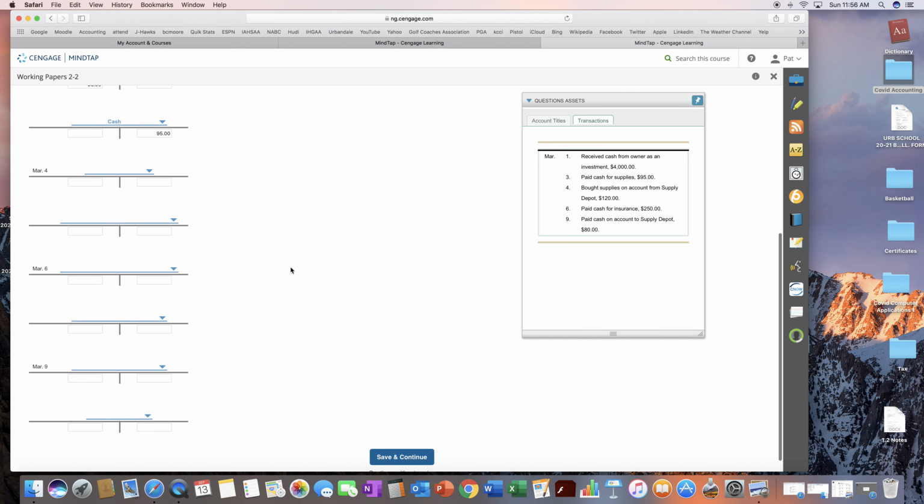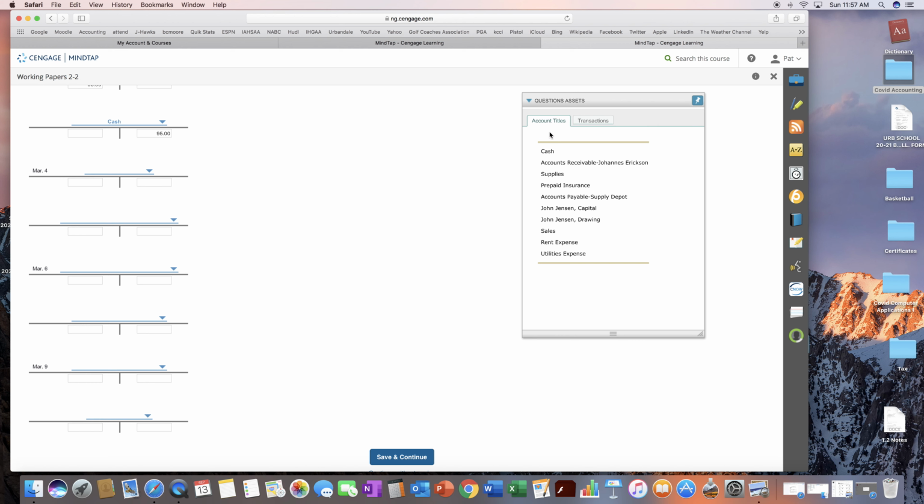Okay. March 4th, bought supplies on account from Supply Depot. So this is us buying supplies on account. Which 2 accounts are affected? We're going to increase supplies because we bought supplies. On account means we're going to pay later, but since we bought it, we have supplies on account. We have to increase our liability. And if you can't remember, you go to account titles and here's accounts payable.